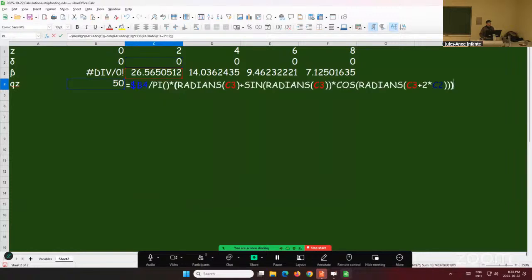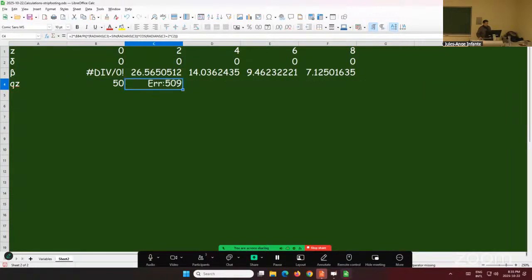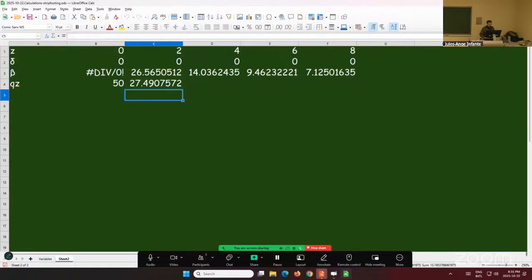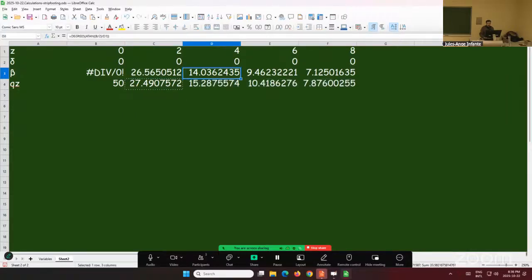And the problem is that I need to multiply by 2 because it was by 2. That's the stress, the increased total stress at different points.